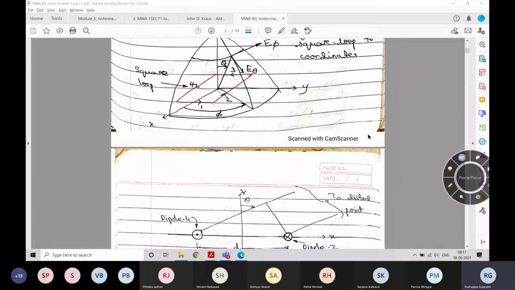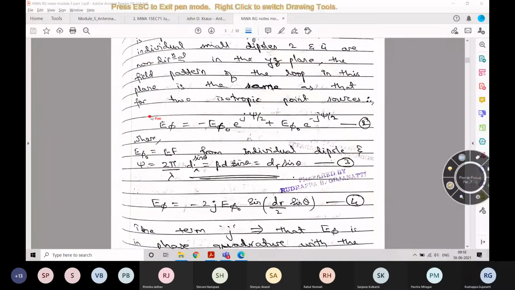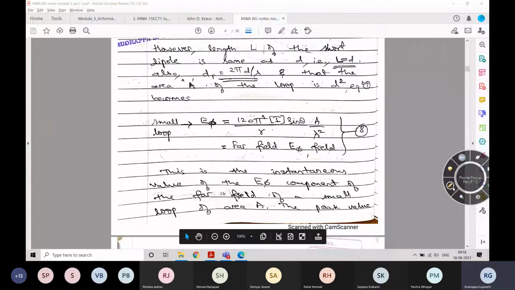Based on this, we identified the field for a small loop, and we obtained the final field value, which was given by this parameter.